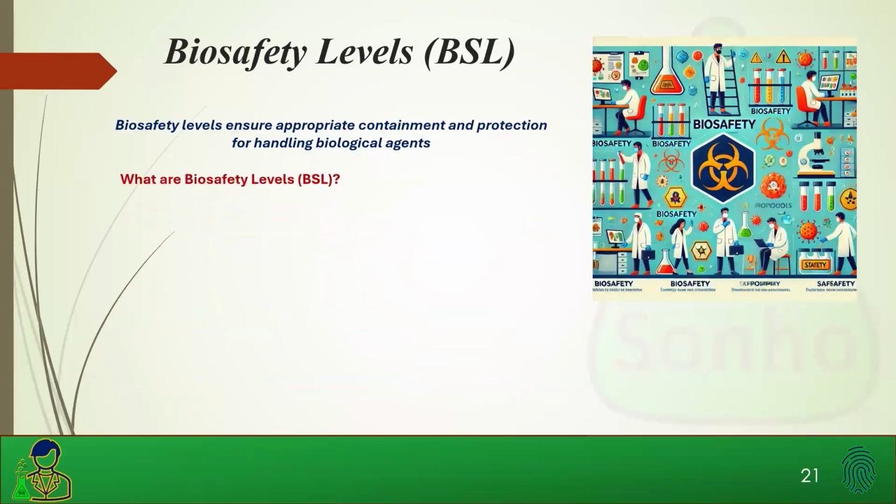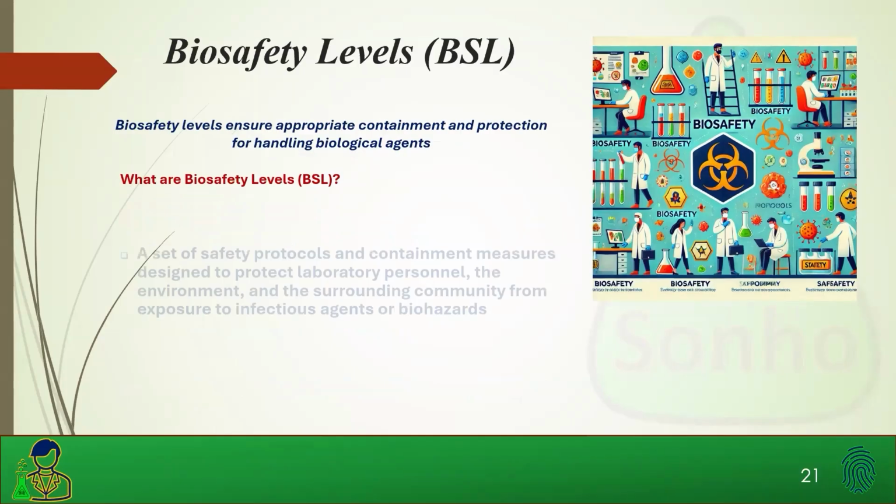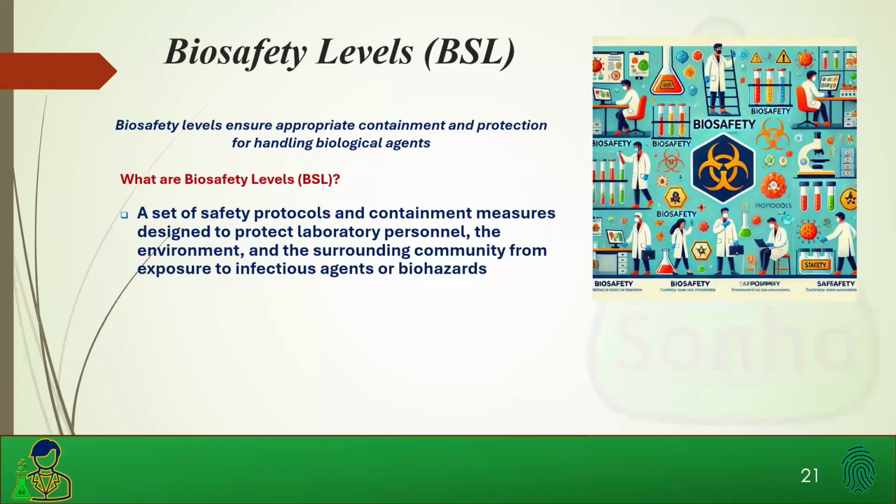Digging a little deeper, we spoke a little bit of biosafety cabinets, or biosafety levels. Biosafety levels ensure appropriate containment and protection of biological elements. So what would BSLs be in terms of hierarchy of risk assessment? It is an engineering control. Biosafety levels are a set of safety protocols and containment measures designed to protect laboratory personnel, the environment, and surrounding community from exposure to infectious agents or biohazards.